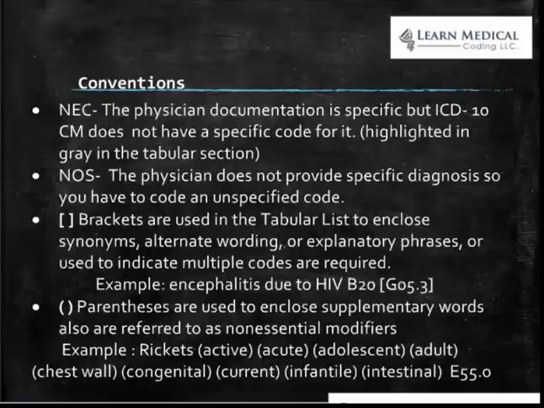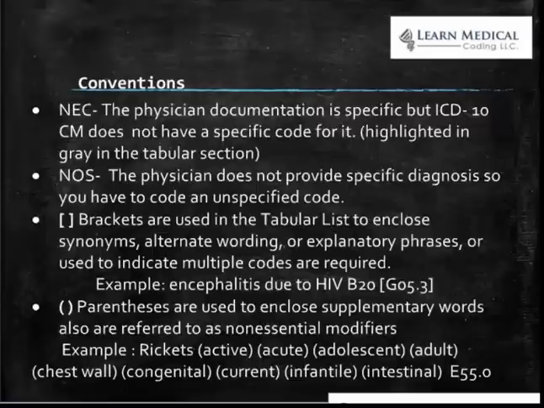You will look the code up, you will see that it's B20, and then you will see in brackets that you also have G05.3. The way that would be coded is you would need to code the B20 first because it's listed first, and then that code in brackets would be coded second, which is G05.3. You need not draw brackets around the second diagnosis code. Those brackets are just there to let you know that there are 2 codes required to effectively describe this diagnosis.